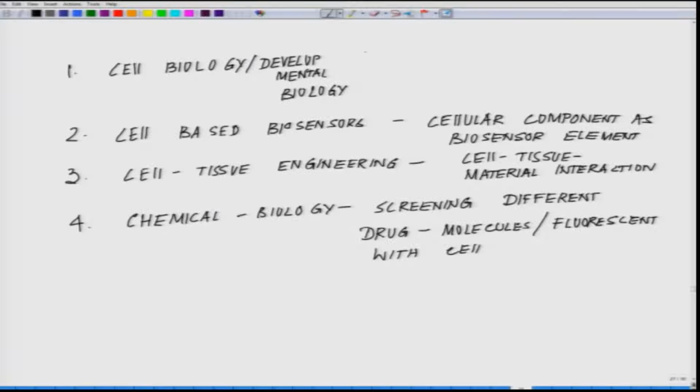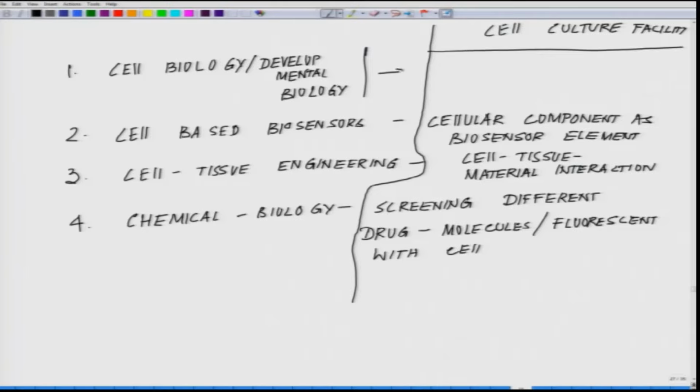Similarly, if cell and development biology labs want to have a cell culture facility, okay, so they have something regular, maintenance of cell lines.